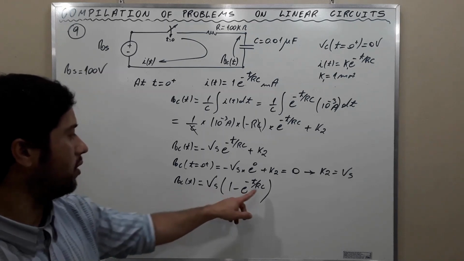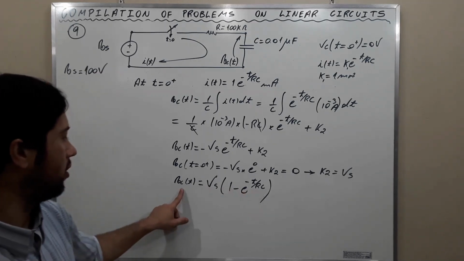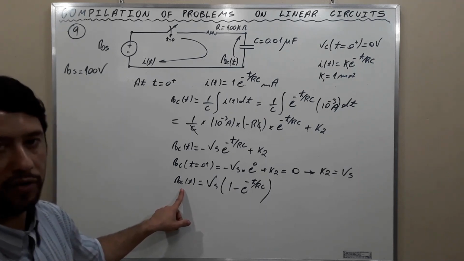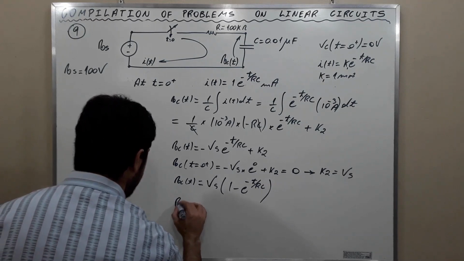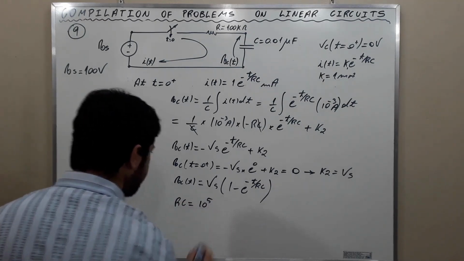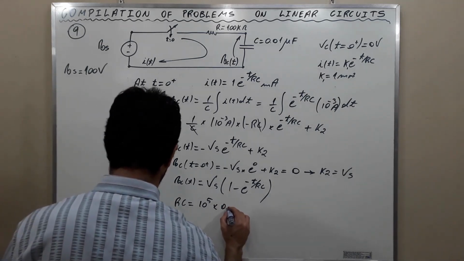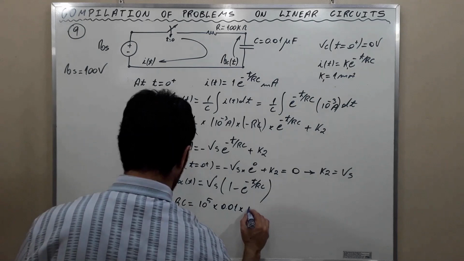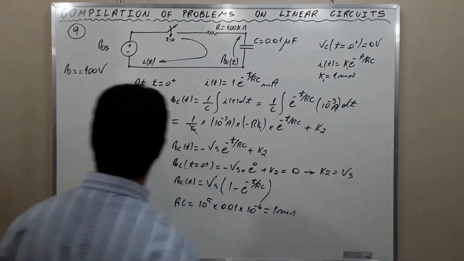That's why the value of the resistance appears in the expression of the capacitor voltage. All right? And the time constant, RC, is equal to 10 to the 5 times 0.01 times 10 to the negative 6, and this is 1 millisecond.